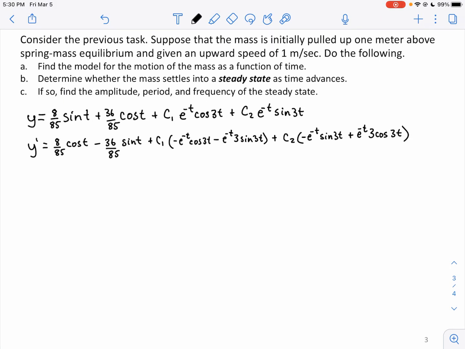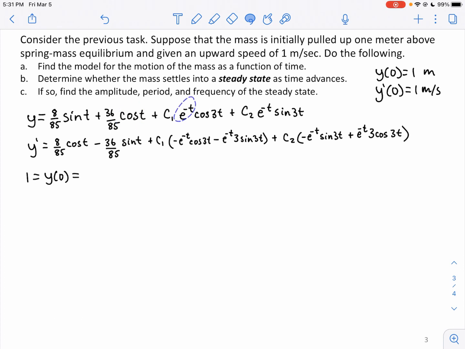Now our initial conditions are the same. We still have y of 0 is going to be 1 meter, and y prime of 0 is also going to be 1 meter per second. So we have 1 is equal to y of 0. Looking at this one here, plug 0 in for all the t's. Well, the sine t's are going to 0 out, and that's going to 0 out that one. So we're only going to have these two terms present still.